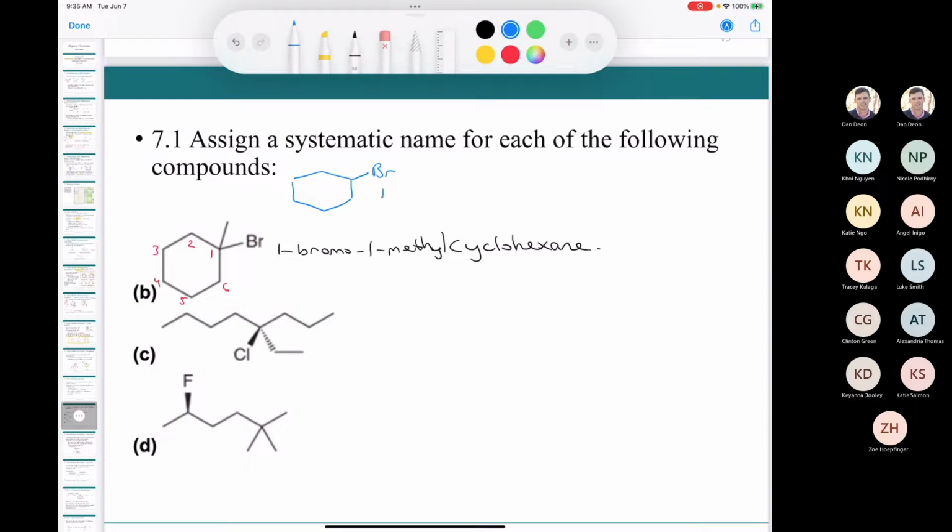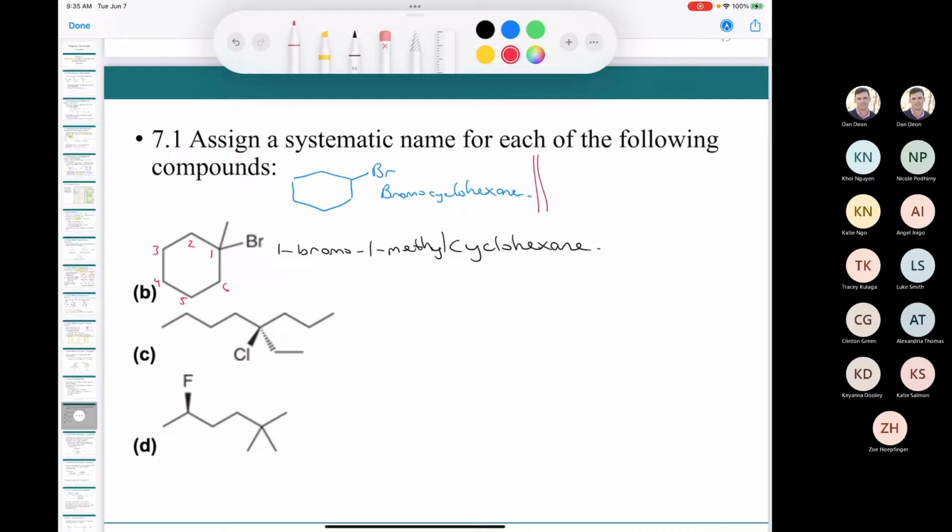No, you would just call this bromocyclohexane. If you were to put a 1 there, that would be redundant. Since there's only one substituent, whatever carbon the bromine is on, we just assume that's the first carbon. However, once you have 2 substituents, then you have to provide a locant.